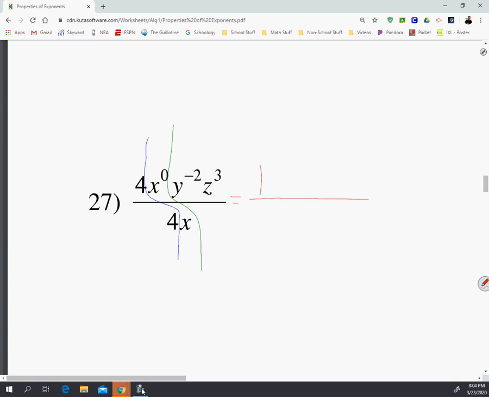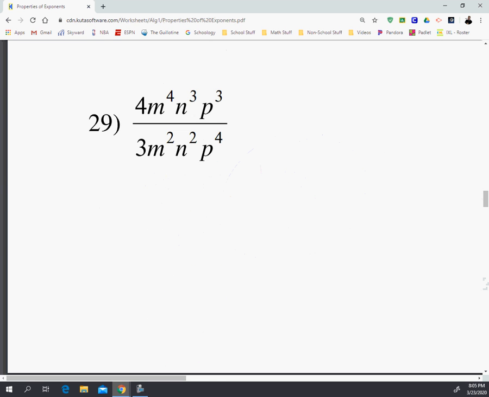And here we have an x to the 0 and an x. There's really just an extra x on the bottom because 0 means you've got nothing, right? This one, I don't really like that y to the negative 2. I'm going to bring it down, make it y squared. And the z cubed just stays up there. And that's my final answer, folks. Bethany, feeling good about that? Hope so.